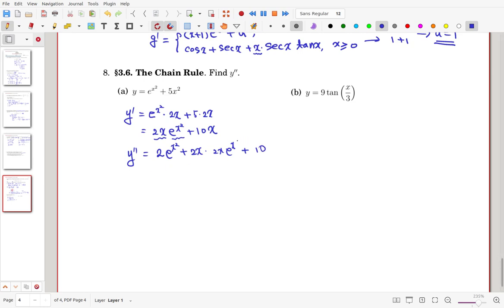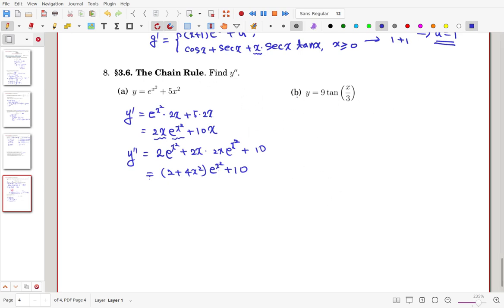So that is the same as 2 plus 4x squared times e to the x squared and the constant term 10. So that is the final answer, the second derivative of y.